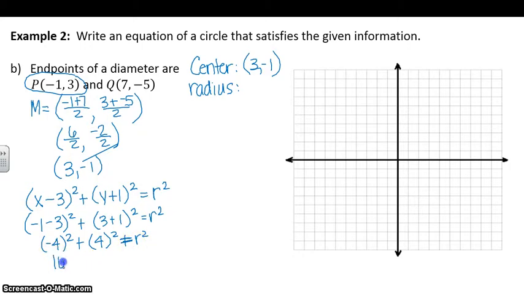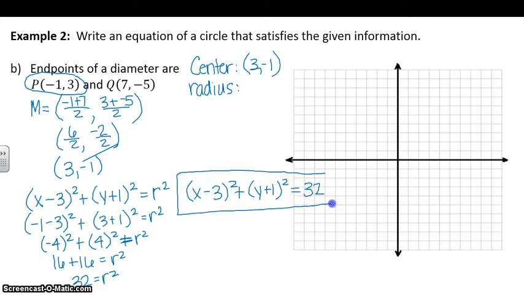And so 16 plus 16 equals r squared, so that is 32. So then I come back up here, so (x - 3) squared plus (y + 1) squared equals r squared, which is 32. So there's your equation for that problem.